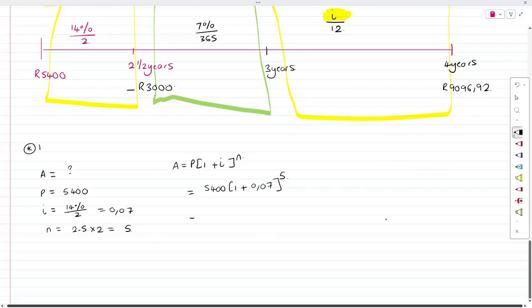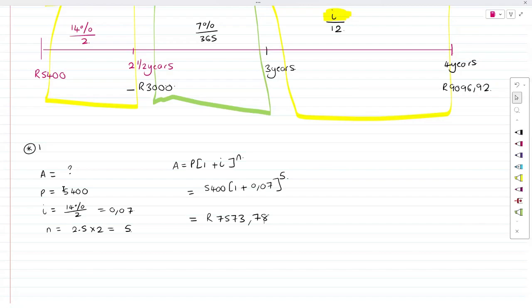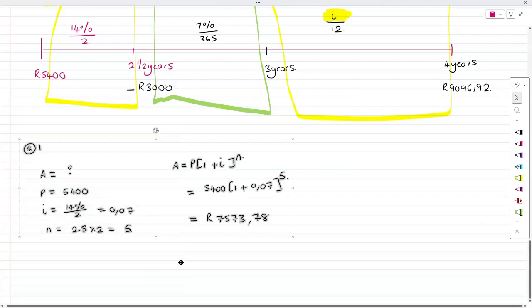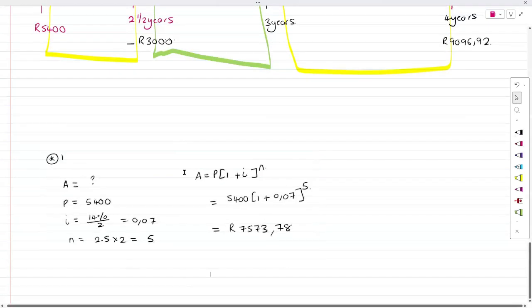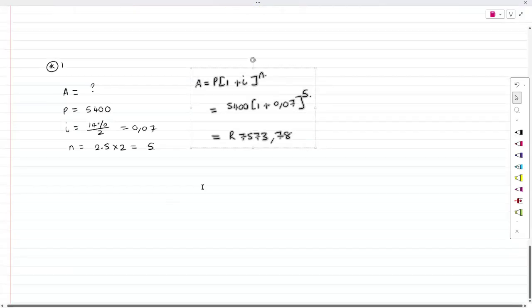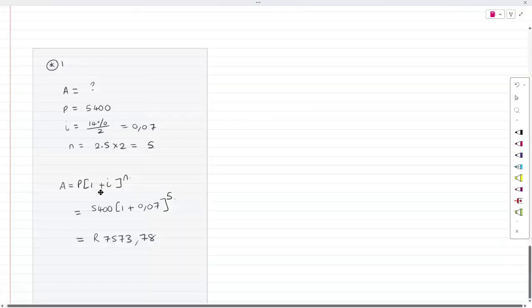And at the end of 2.5 years, he has 7,573.78. Now, rounding off here, we'll call it a really tiny error, but it's manageable for now, just to learn the timelines.